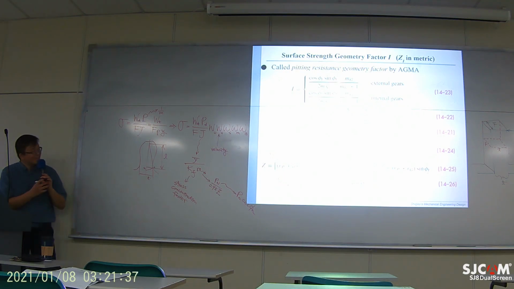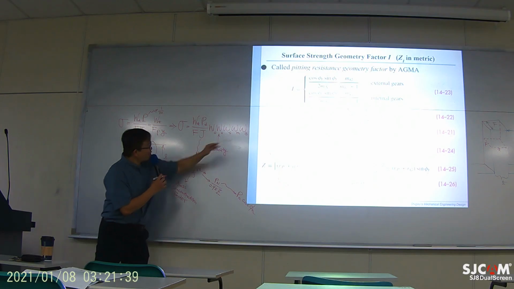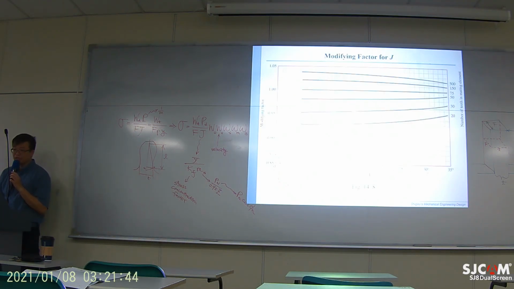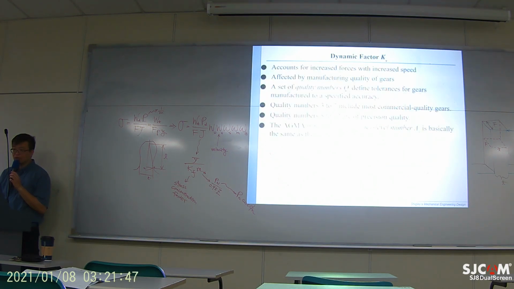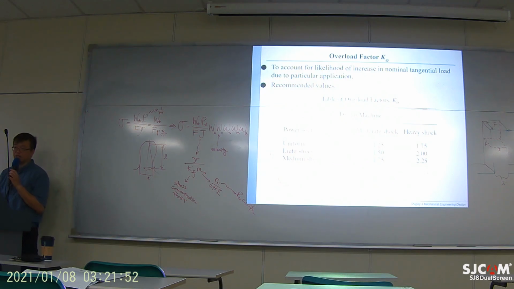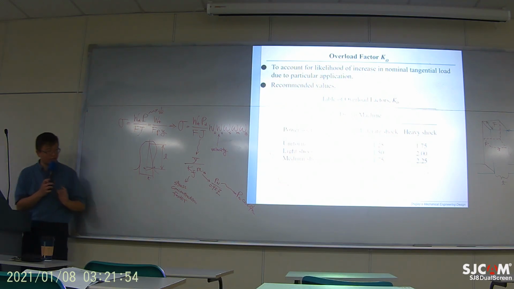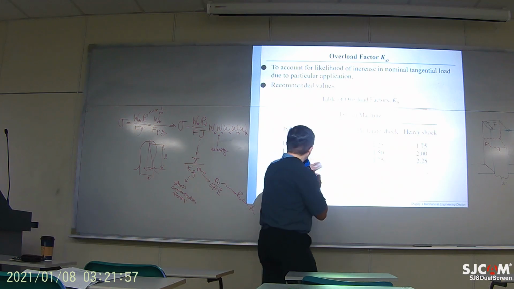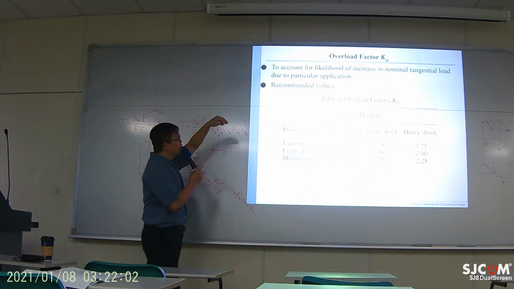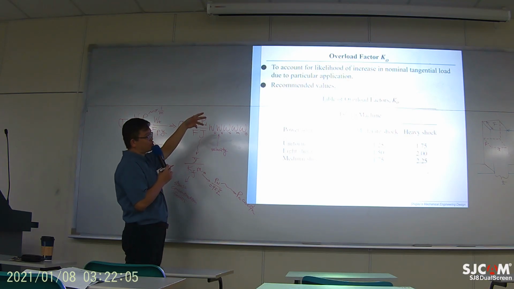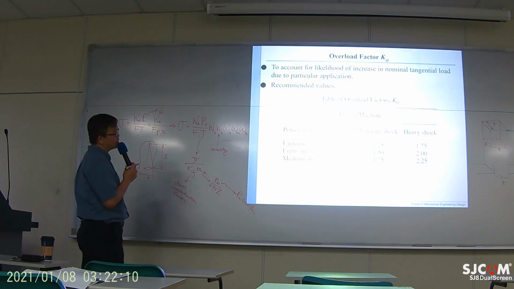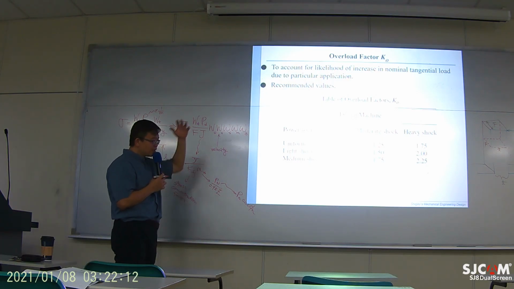Now there are some other ones. Let me show you. We can now take a look at this KV. Okay, this is KO, overload factor. So KO depends on the load condition and how much shock your machine is going to generate.